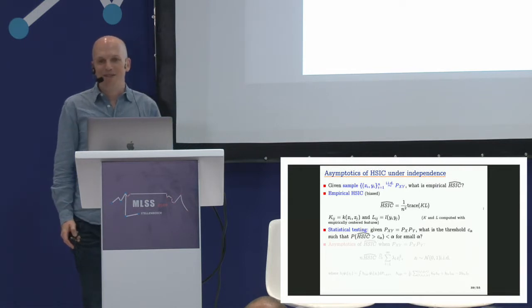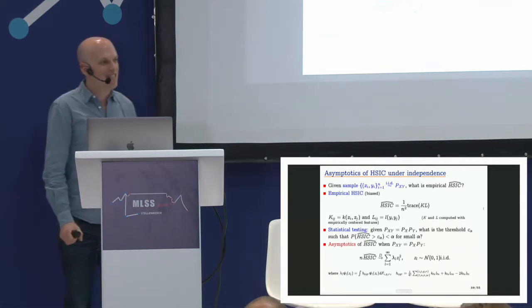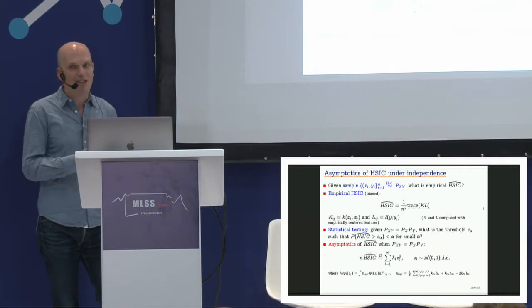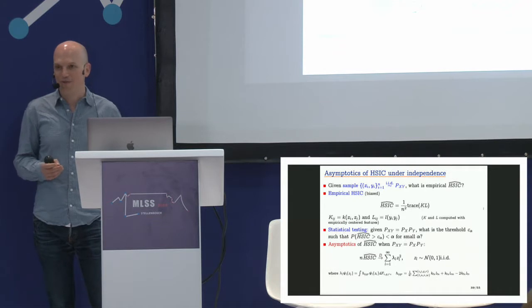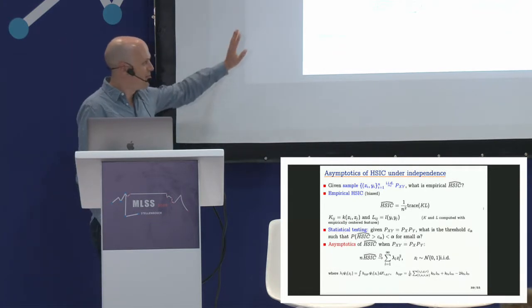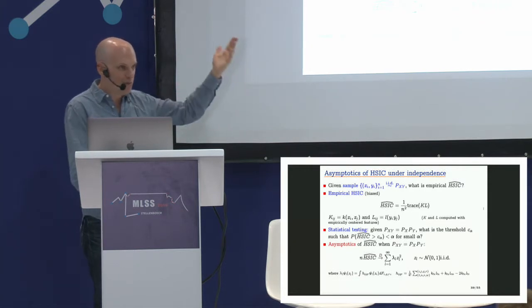So here is the bad news. If you remember from MMD, the values of the MMD that we would expect to see under the null had a very horrible form, right? This infinite weighted sum of chi-squareds. And it turns out that the bad news continues for HSIC, because it's a form of MMD.